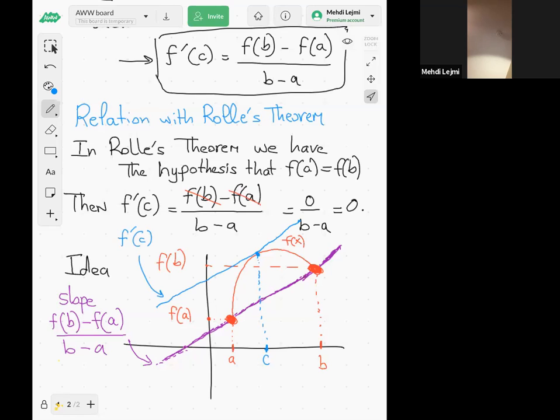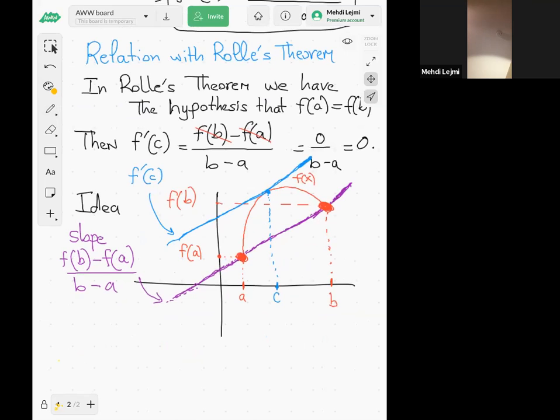Okay. And what does the theorem say? The slope of the line passing through (a, f of a) and (b, f of b) is equal to the slope of this tangent line to the function f at c, this blue line here. These 2 lines have the same slope, right? The blue one and this one here.